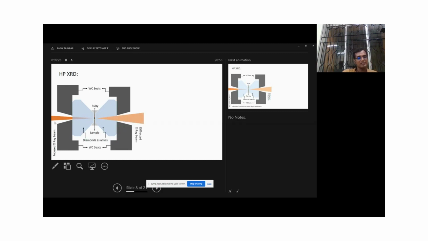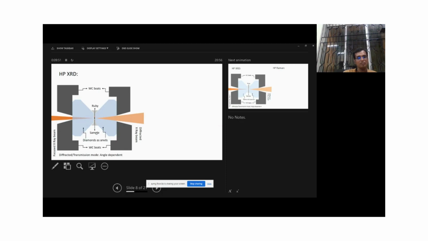For the XRD, it will be in the transmission or diffracted mode. The focused X-ray will come from one direction and go out the second, on the opposite side. The diffracted X-ray beam will be analyzed to understand the X-ray pattern of the sample. We can see there are 2 points.